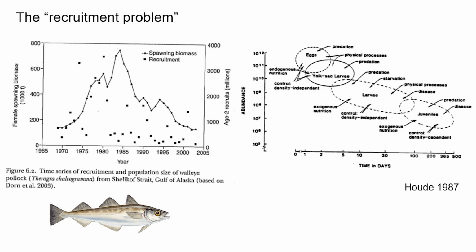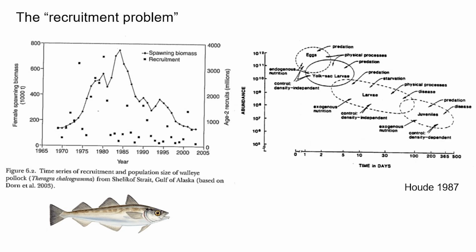When you look at the spawning biomass, it does a nice, normal thing: it went up and then it went down. But if you look at the recruitment, the number of little age two fish coming into the fishery, it doesn't really match up at all. There's almost no relationship.